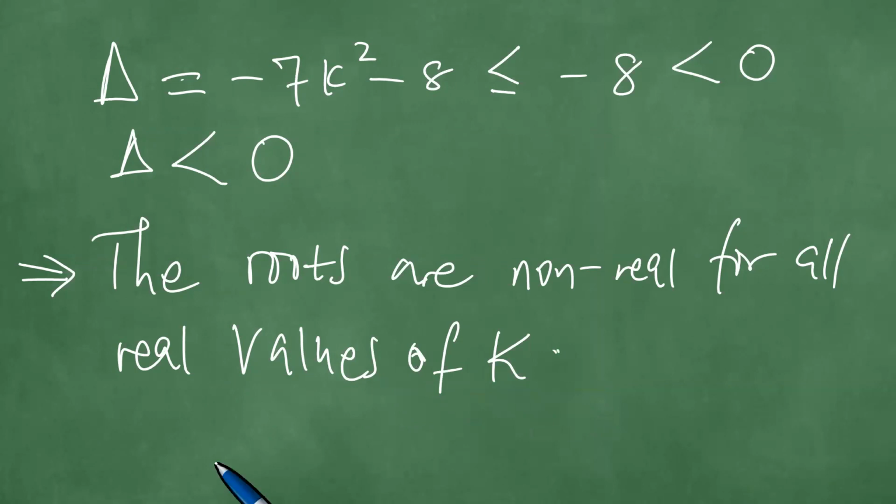That's the answer. The roots are non-real for all real k. Why are they non-real? Non-real means that delta is negative, right?